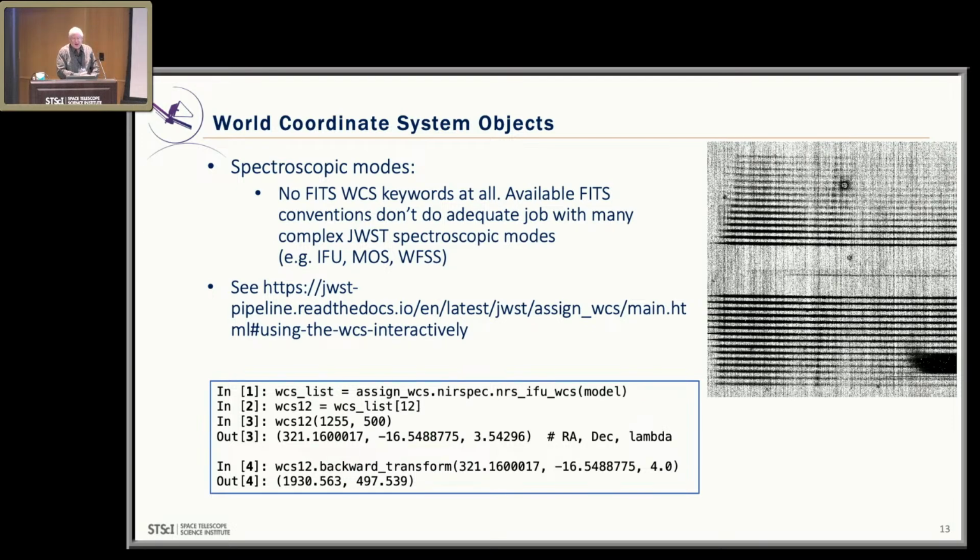And then the obvious detector to sky transforms are always available very easily to you. For example, in the forward direction, if you've got that WCS object for slice number 12 and you just give it a pair of XY image coordinates, it'll spit back RA, DEC, and lambda values for you. And then you can go the opposite direction as well, just by using the backward transform method, where you put in RA, DEC, and wavelength, and it returns X and Y to you.